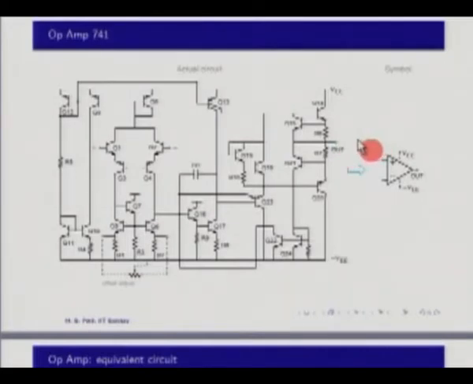If the current is going inside the op amp, then it goes from this output terminal through this transistor into minus VEE. If the current is coming out of the op amp, then it comes from VCC, it comes to this transistor, and then it goes out. Okay. So there's definitely a connection between this detailed diagram and the simple box that you see in the symbol.